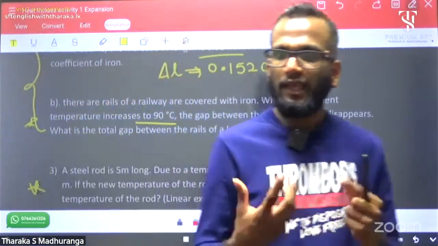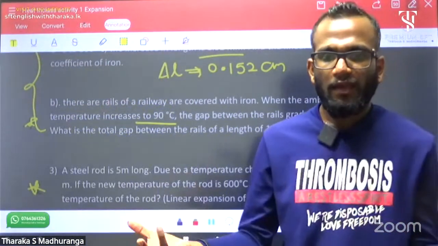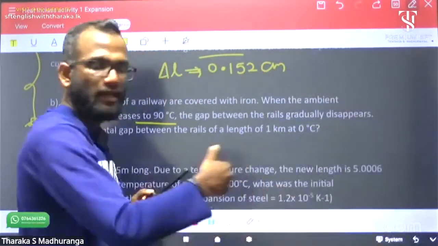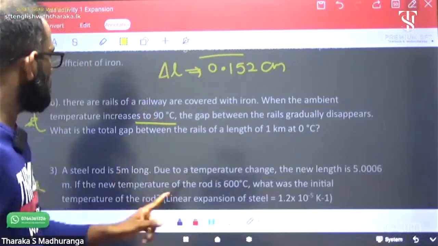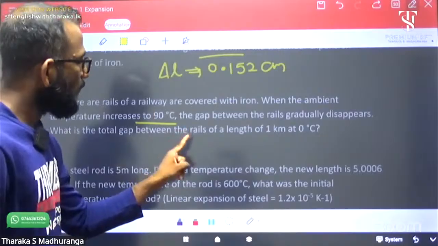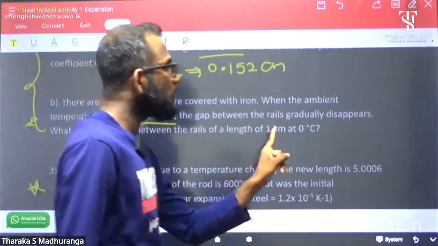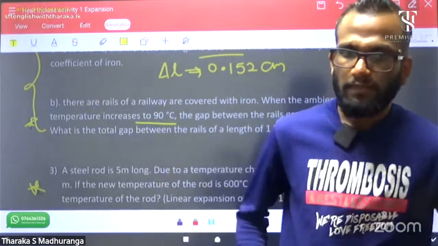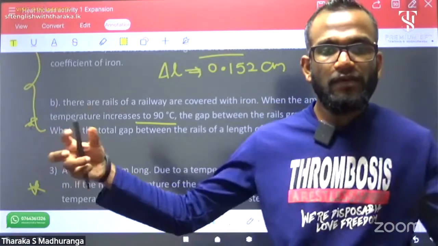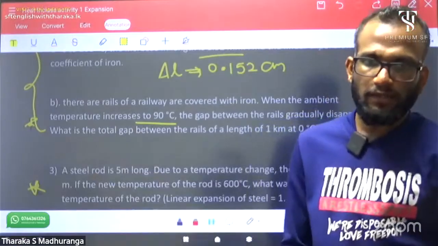The gap will be filled with iron, meaning expanded at 90 Celsius. What is the total gap between the rails of the length of 1 kilometer at 0 Celsius? Within 1 kilometer, what is the gap requirement, is being asked.